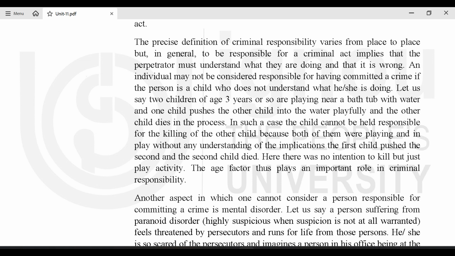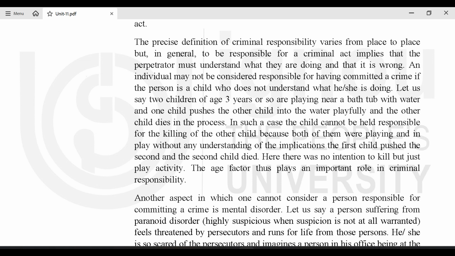An individual may not be considered responsible for having committed a crime if the person is a child who does not understand what he/she is doing. Let us say two children of age 3 years or so are playing near a bathtub with water and one child pushes the other child into the water playfully and the other child dies in the process.